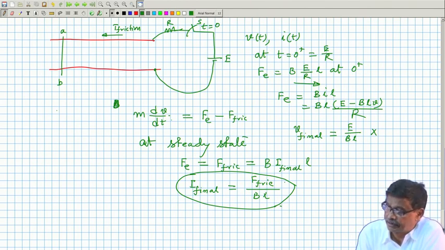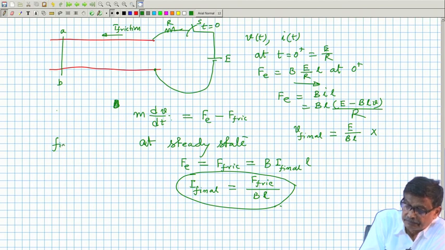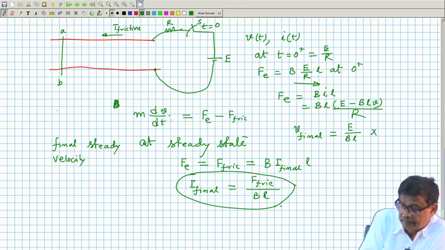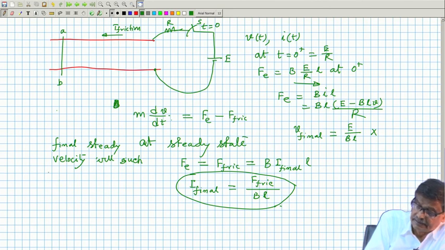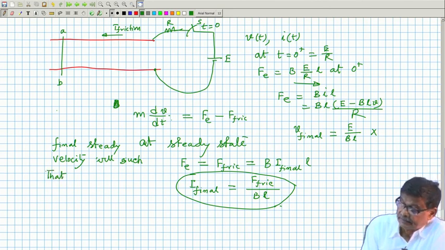And what will be the final velocity? How much will be the final steady velocity? Final velocity will be such that this I final current flows in the circuit.